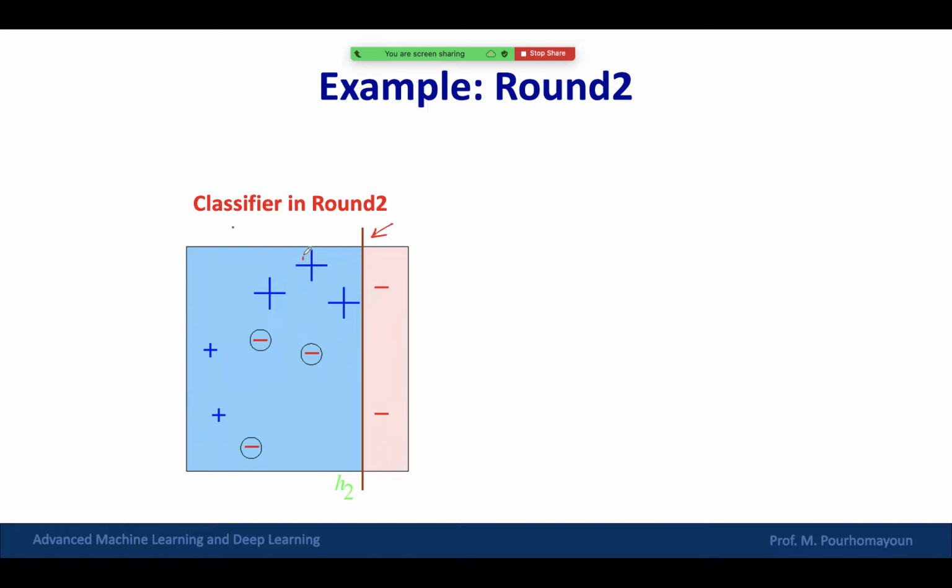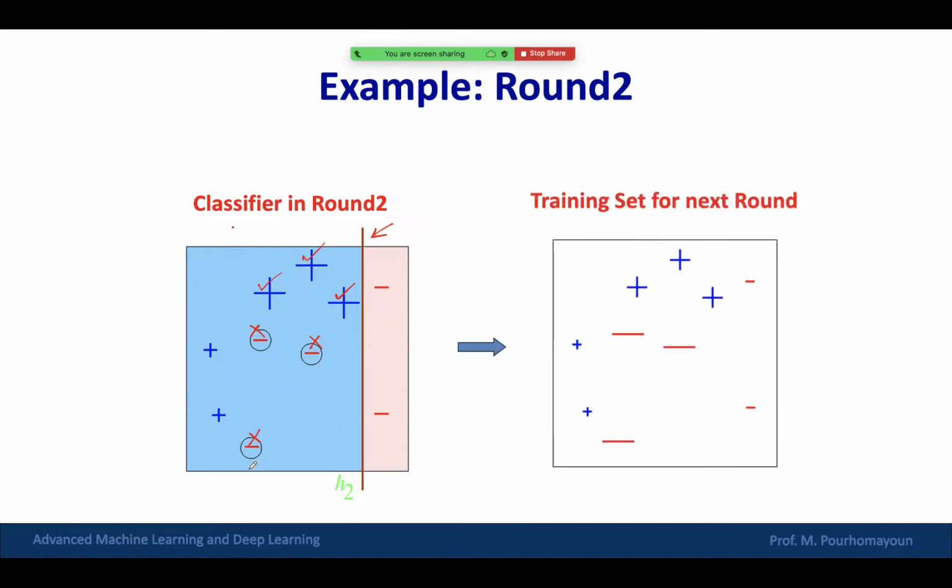Because I increased the weight of these samples, I added or repeated them, it could learn those samples very well, but now it misclassified three other samples. That's okay. Now I again change my training data by increasing the weight of these three misclassified samples.